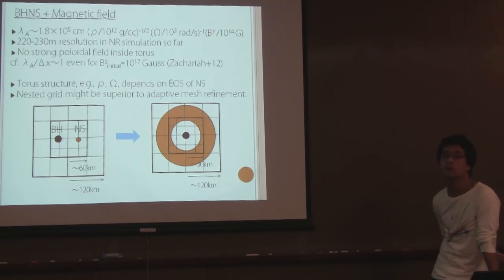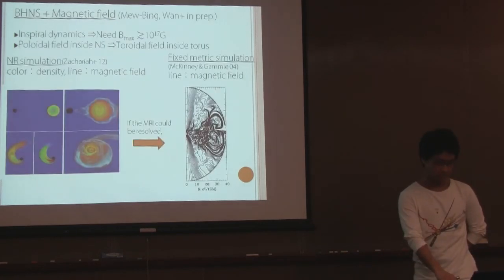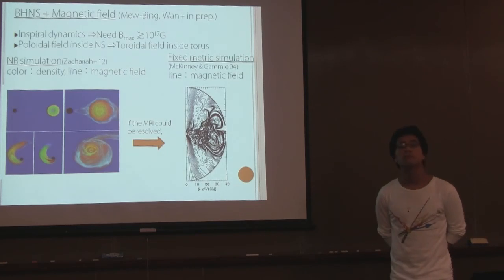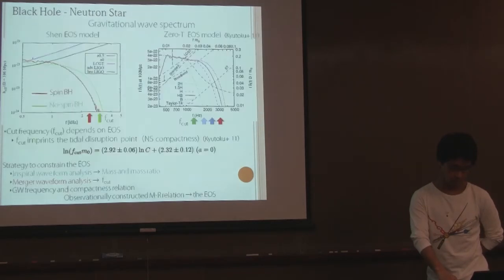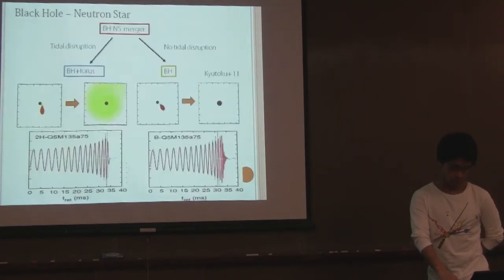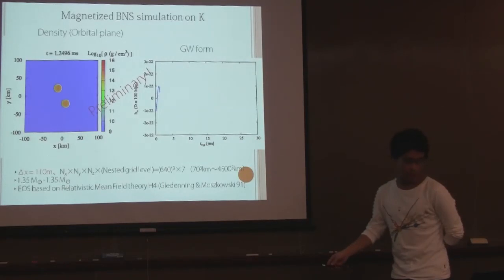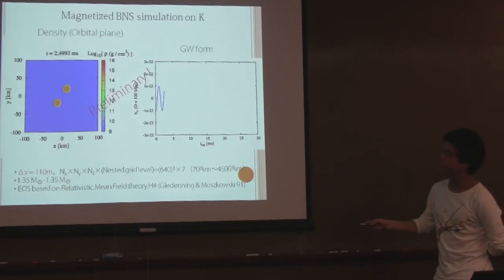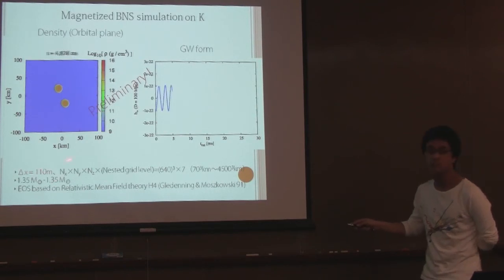Actually, I was more referring to your previous slide, the one that you had introduced before, where you were describing the ongoing simulation on the big supercomputer. I'm not sure if this was binary neutron stars or neutron star black hole. Yeah, so it is difficult to resolve the MRI in the hypermassive neutron star case with this resolution.